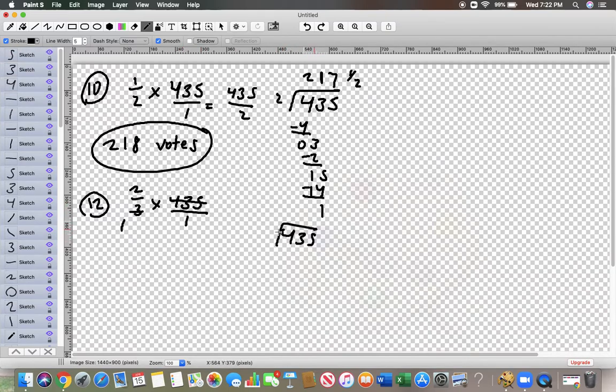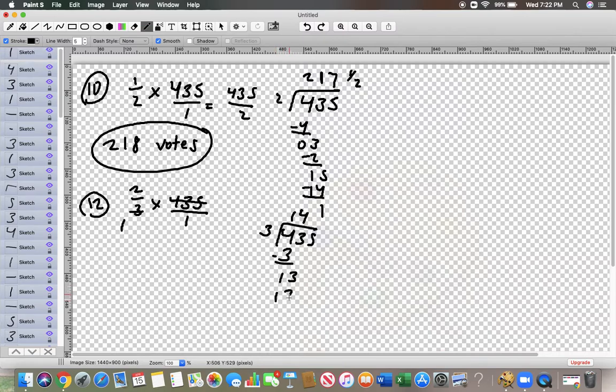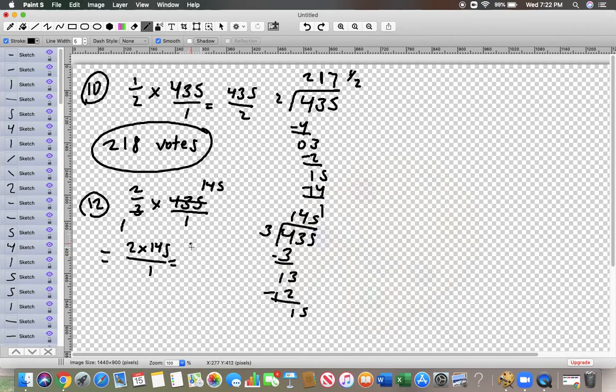Come over here. 4 divided by 3. Let's see here. Let's figure this out. And that is 145. Again, all we did was cross cancel. Now we've got 2 times 145 all over 1. What's 145 times 2? Well, that's going to be 290.